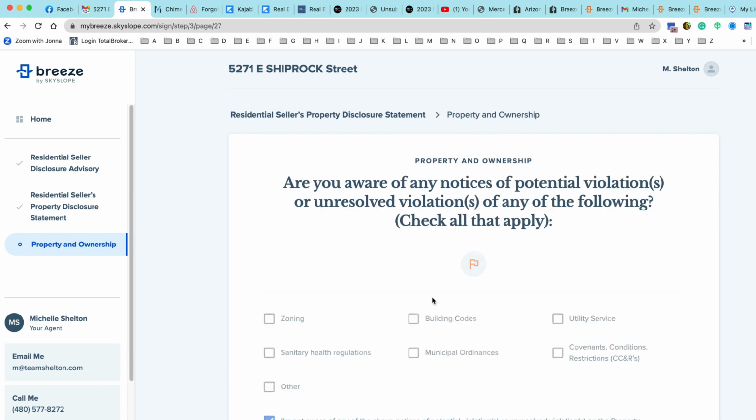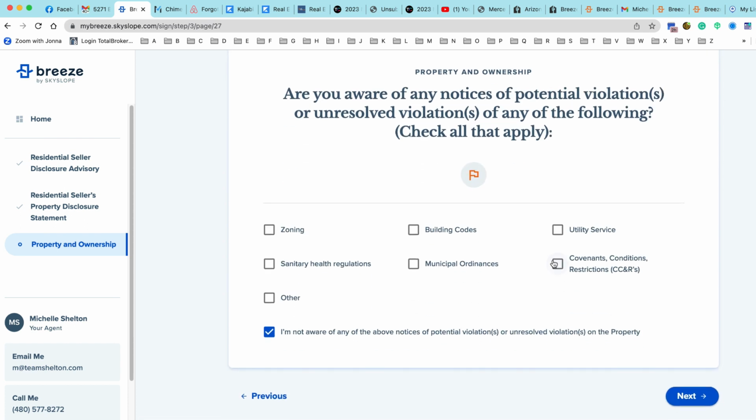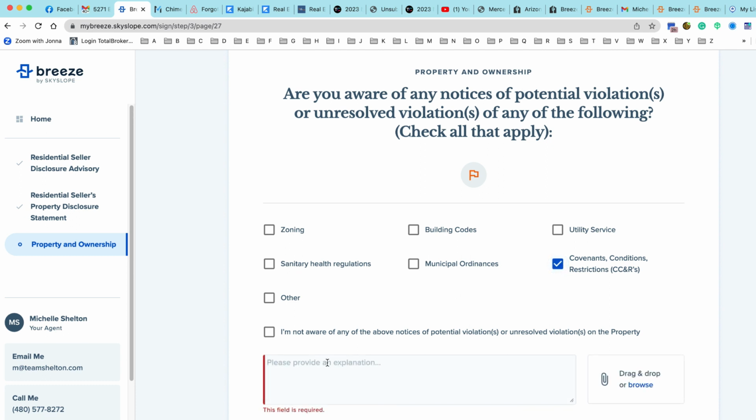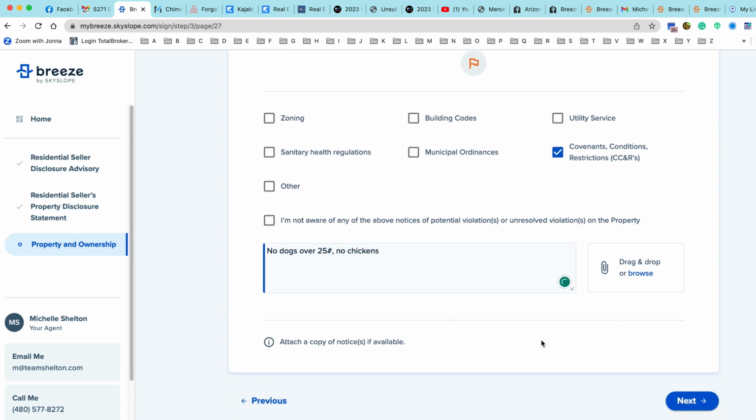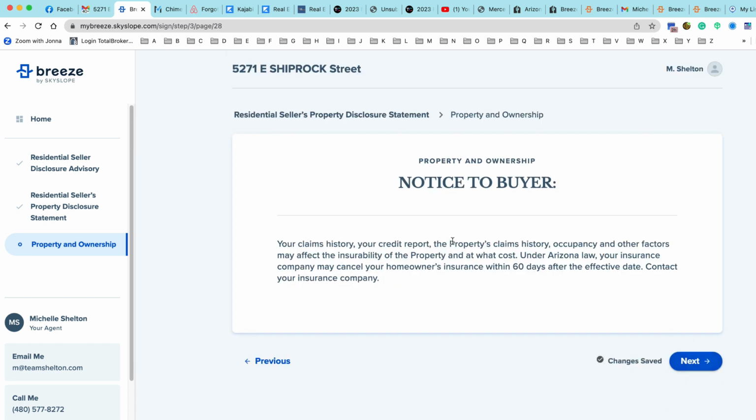Now, most properties will have a CC&R, so let's see what happens if we click that. Please provide an explanation. No dogs over 25 pounds. No chickens, whatever it is. Next. Okay.